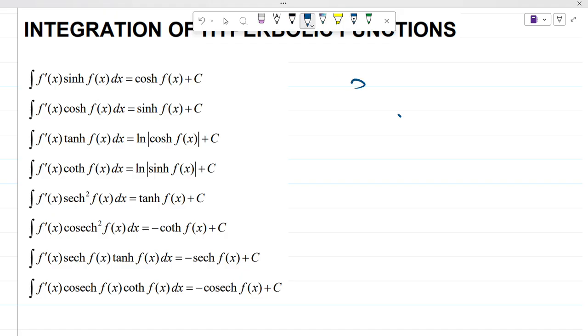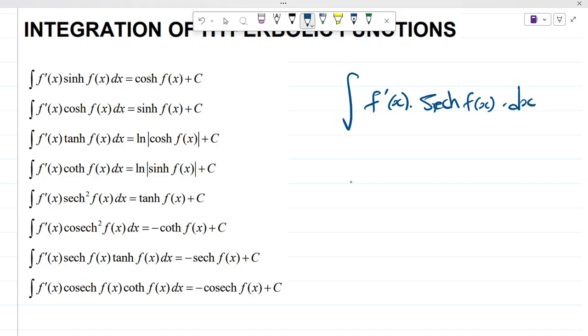What I'm trying to say is this: there is no rule for integrating this one, integral of hyperbolic sec of f of x dx.